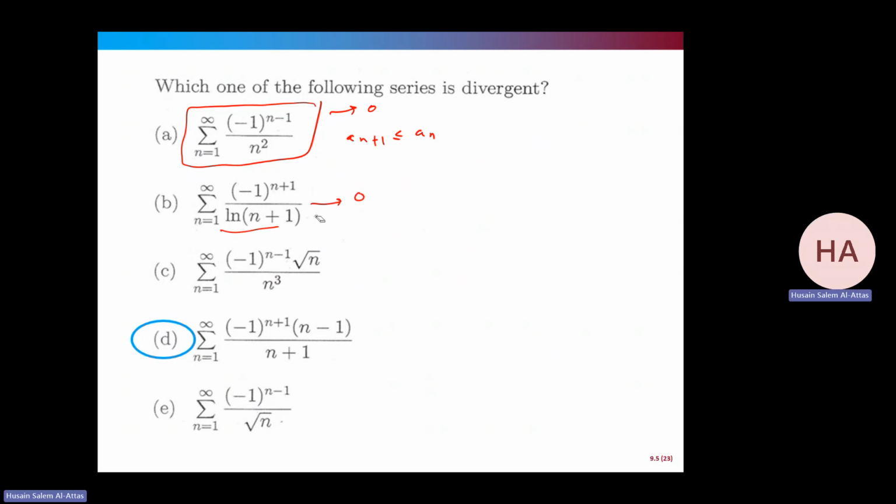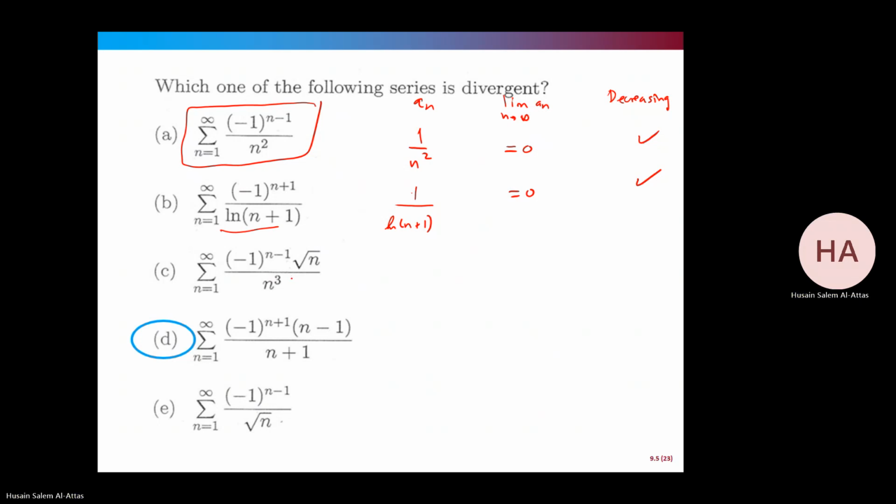If you want to do it in detail, you say an is 1 over n squared; the limit as n goes to infinity goes to 0, and it's decreasing, yes, very clear, since (n+1) squared is greater than n squared. This one is the same. The limit will be 0 and decreasing, yes.